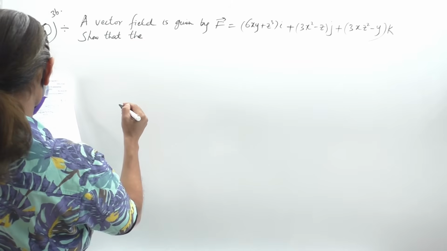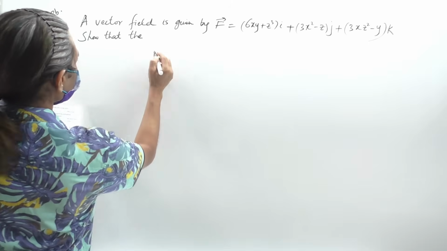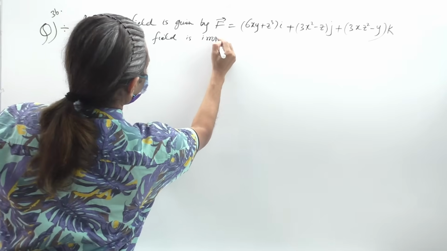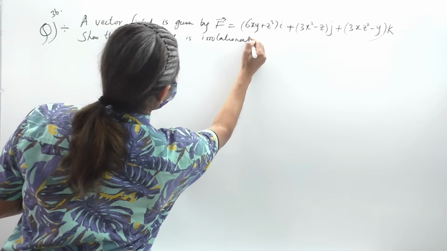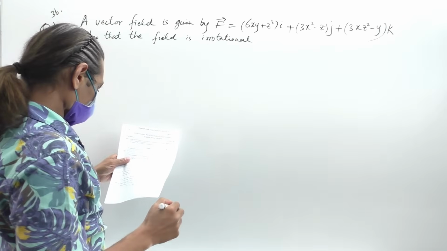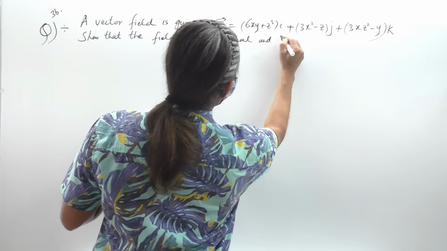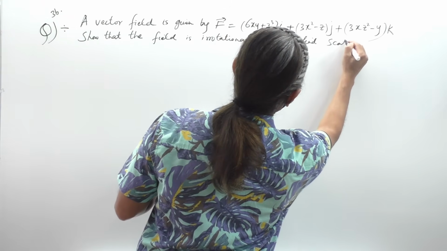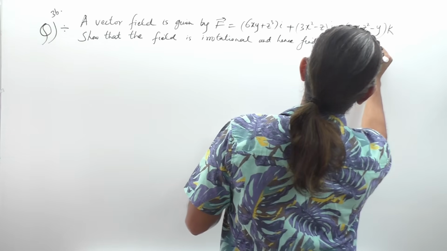Show that the field is irrotational and hence find the scalar potential, that is phi.